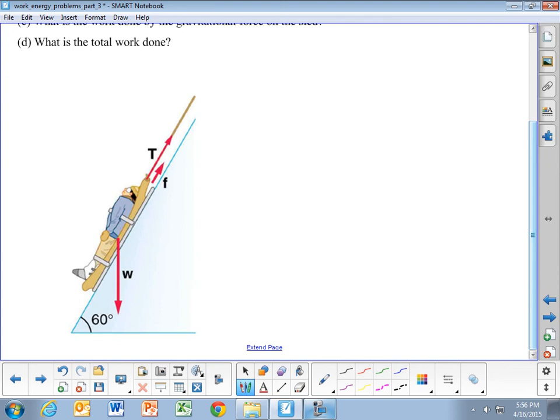So first of all, we have the weight of this person. The weight is going to be 90 kilograms times 9.8 meters per second squared, which is 882 newtons.